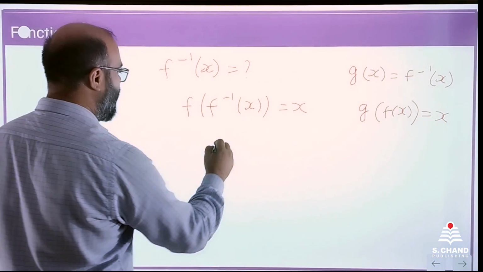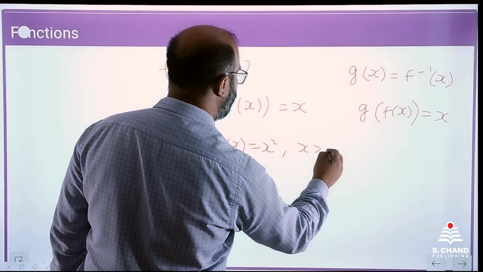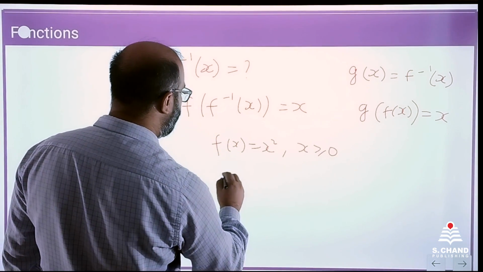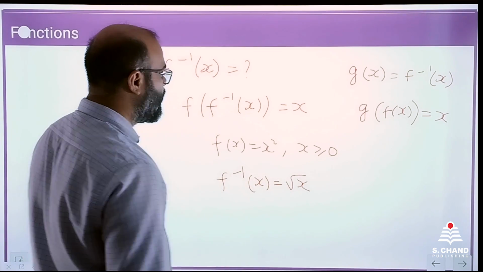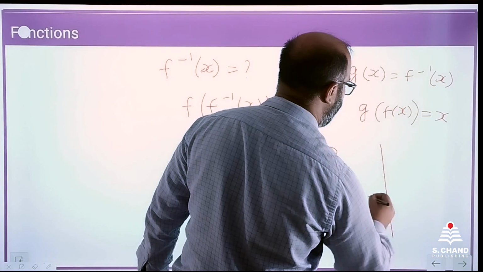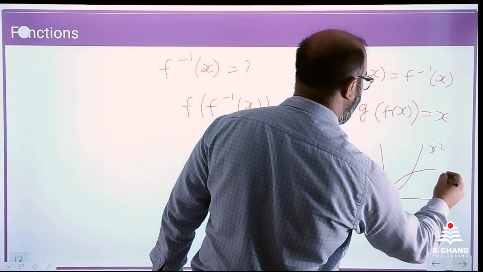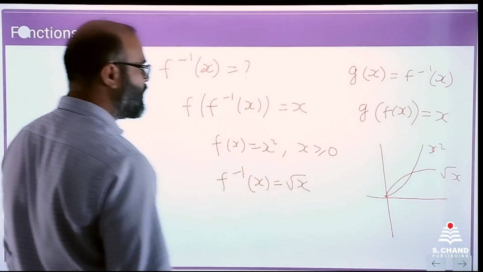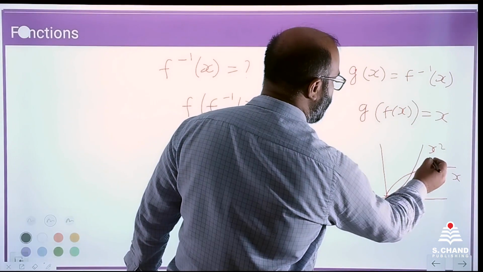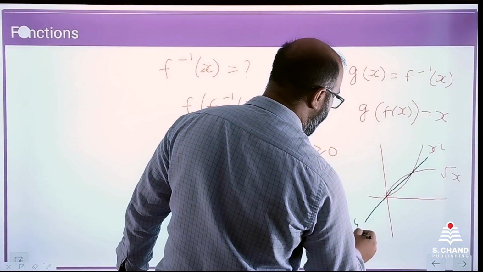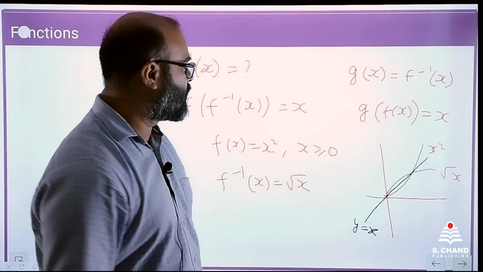Like we have f(x) equal to x square, where x is greater than or equal to 0, and we are taking inverse of this, that will be root over x. Then we say that these are the functions which are inverse of each other. So if this is a function x square, then this is another function root over x, and these are inverse of each other. And what we can observe for inverse functions is that they are mirror images about the line y equal to x, and they even meet on y equal to x.